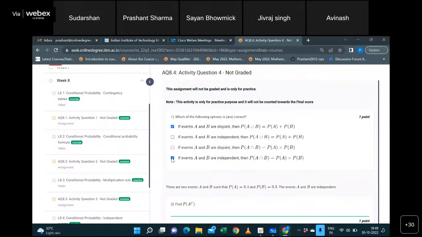Many times people get confused, thinking disjoint and independent are the same, but these two things are different.